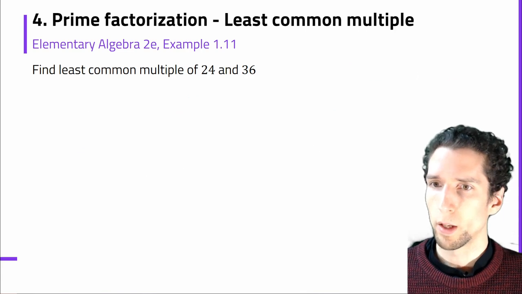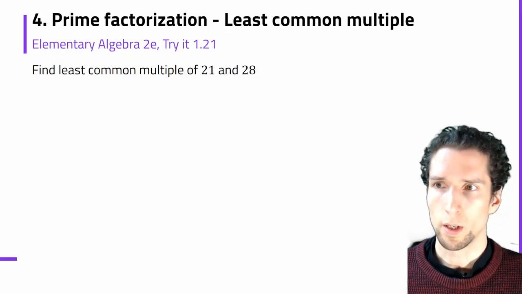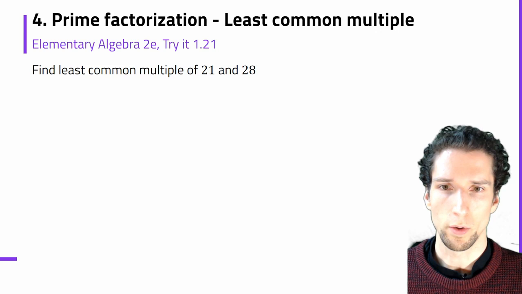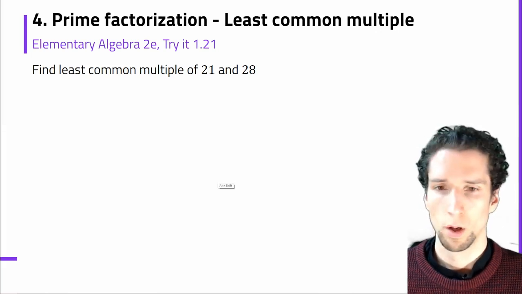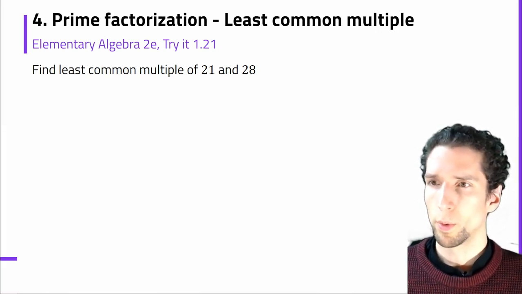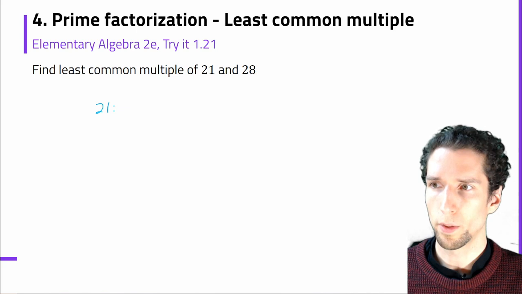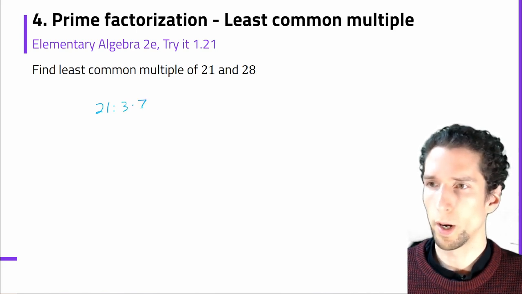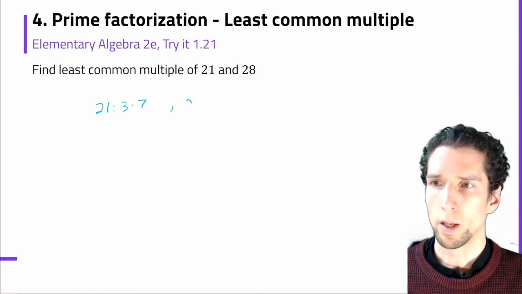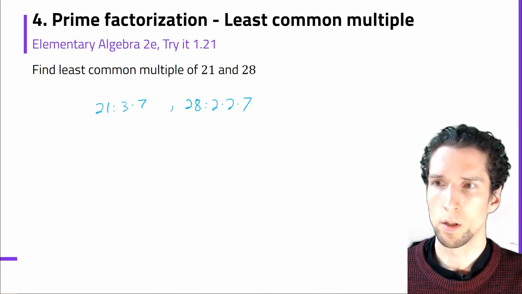All right, let's do another example. So this one for me, 21 and 28. 21 is not 2, but 3 times 7, and those are both prime, so that's done. And 28 is 2 times 14, which is 2 times 7.